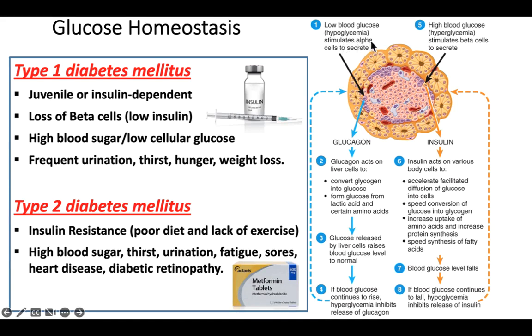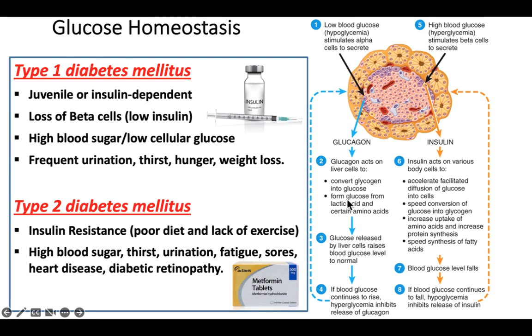The alpha cells of the pancreas produce glucagon. Glucagon goes into your bloodstream. It acts primarily on liver cells, known as hepatocytes. And those liver cells are going to convert glycogen to glucose. Again, we call that glycogenolysis, so lysing or breaking down glycogen into glucose.